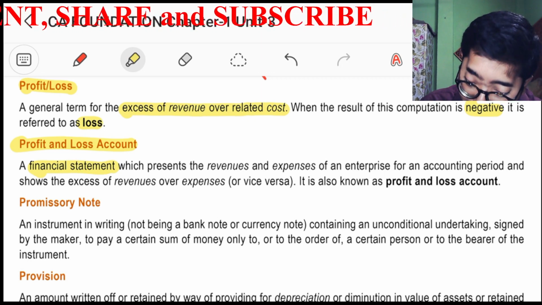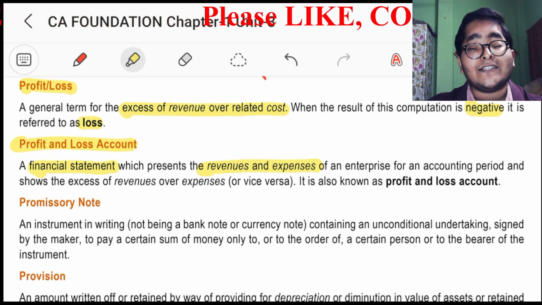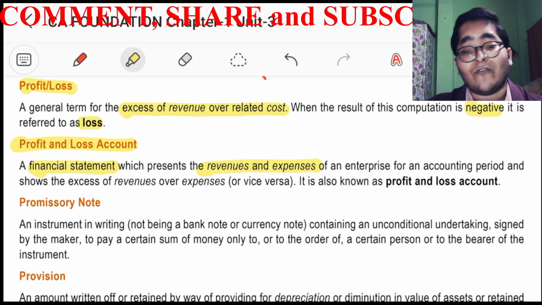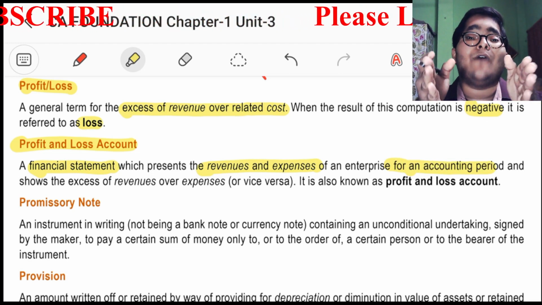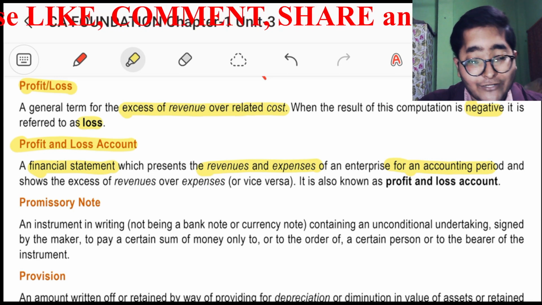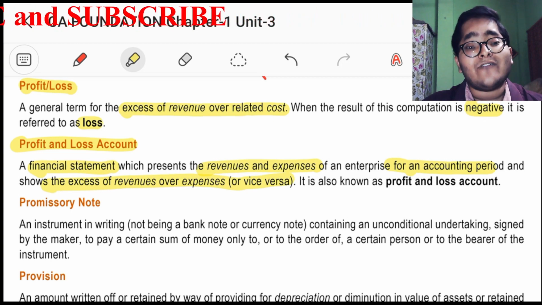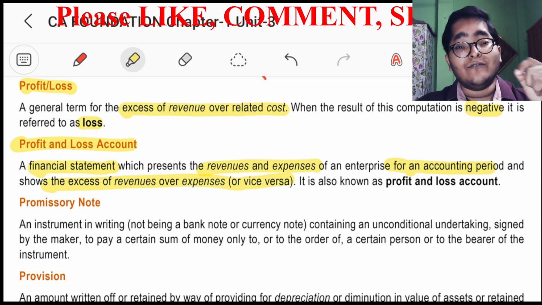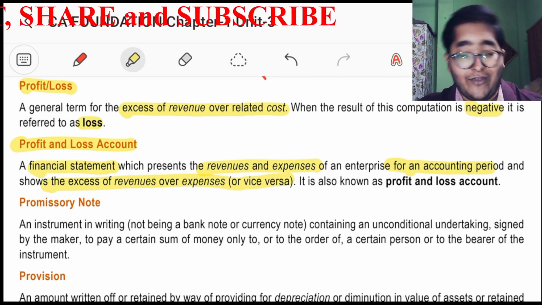A profit and loss account is a financial statement which showcases the revenues and expenses of an enterprise for a limited accounting period, with one defined starting and a defined ending, and shows the excess of revenues over expenses or excess of expenses over revenue.